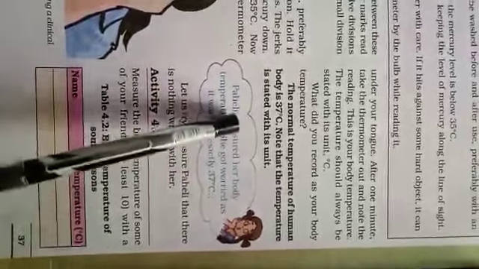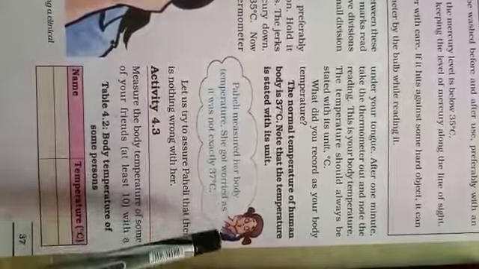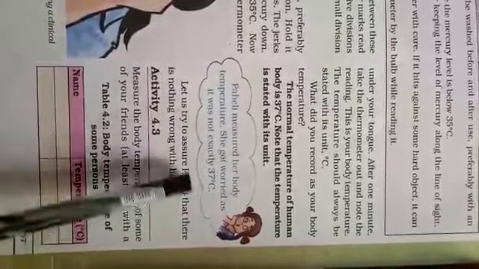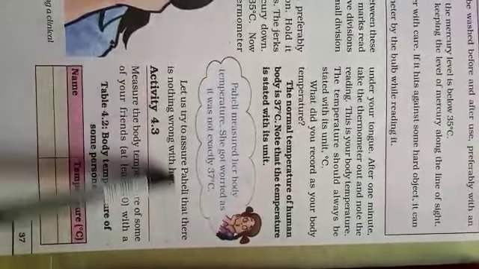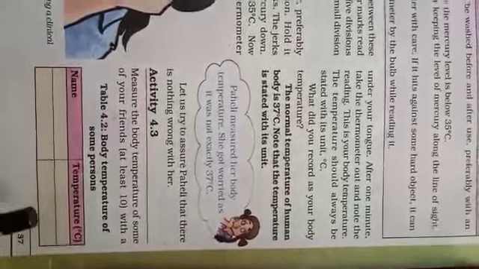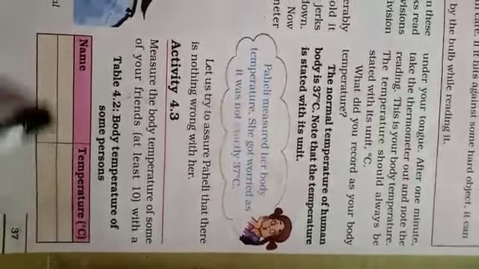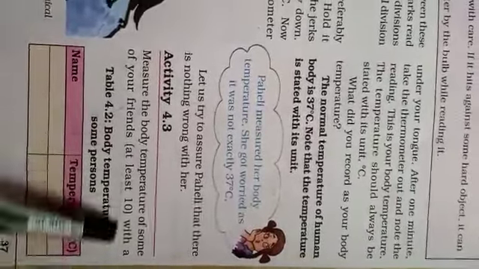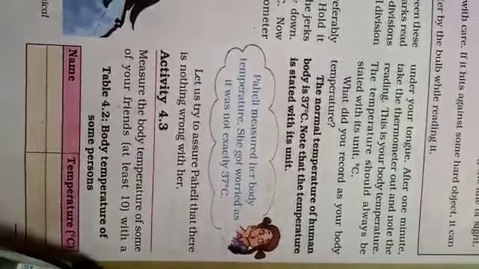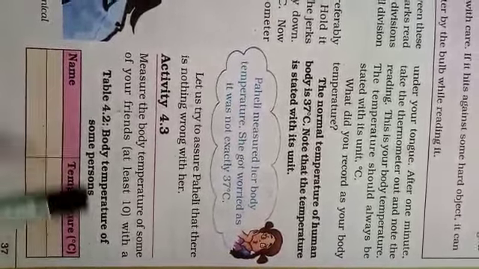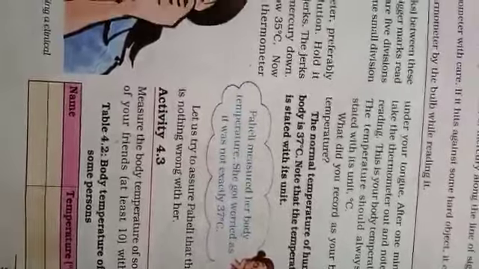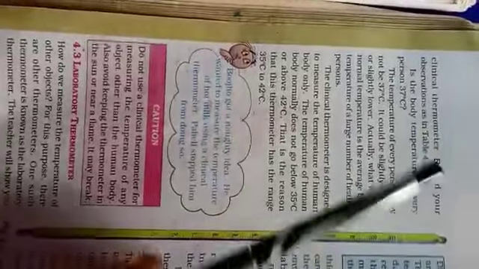Paheli measured her body temperature. She got worried as it was not exactly 37 degrees. Let us try to assure Paheli that there is nothing wrong with her. Activity 4.3: Measure the body temperature of some of your friends with a clinical thermometer. This is table 4.2, body temperature of some persons.